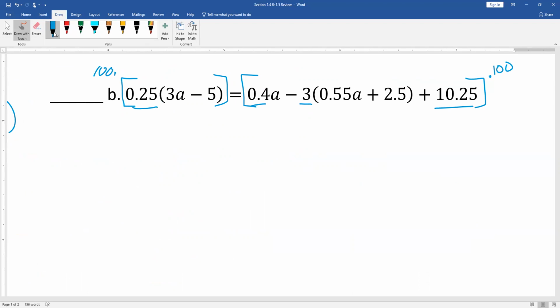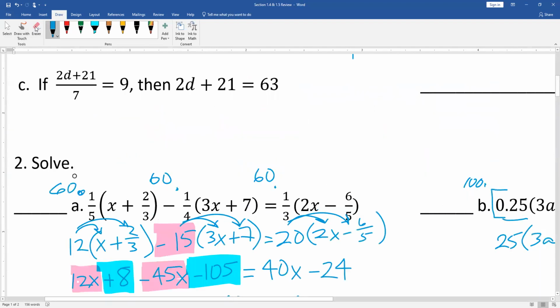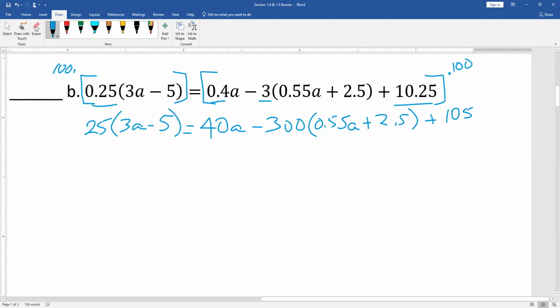When we do that, that gets rid of our decimals and we end up with 25 times 3a minus 5 equals 40a minus 300 times 0.55a plus 2.5, those stay, plus we got rid of that 0.25, so this is 1,025. There we go.